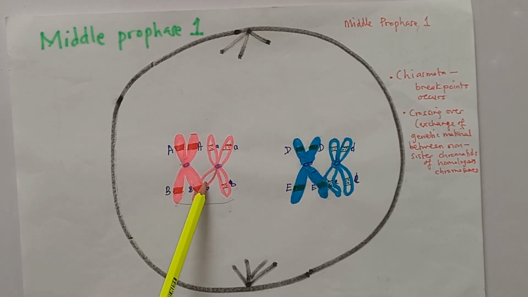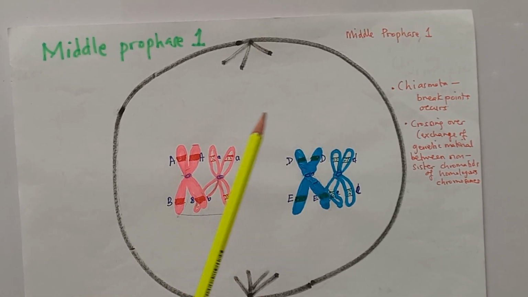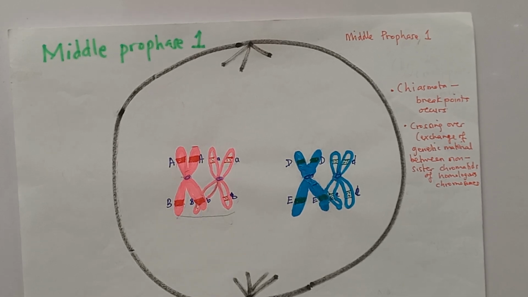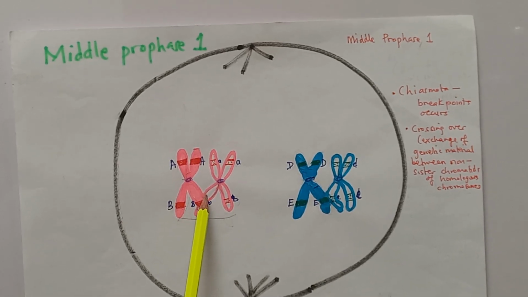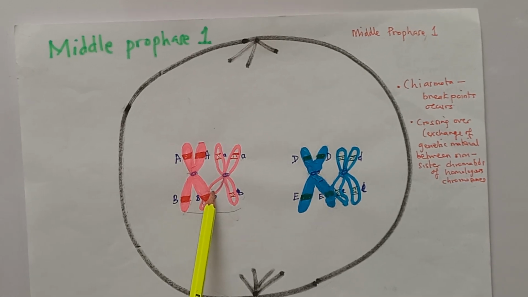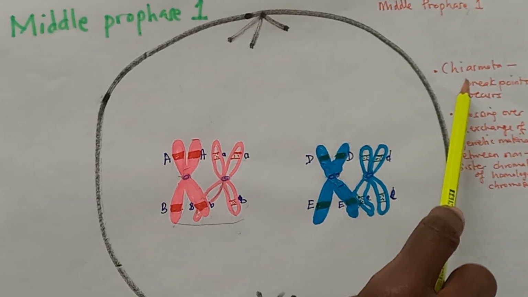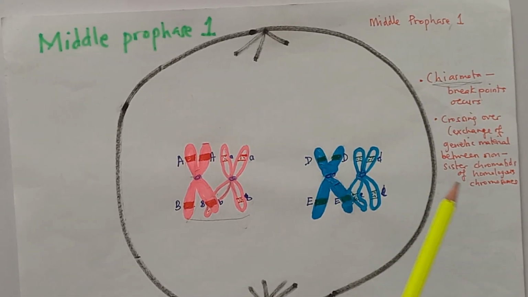So you see, where the crossing over is taking place, the chromatids try to come together but are still repelling. Yet there's a point where the chromatids join, and then there's a break there, and the exchange takes place. The places where there are break points are called chiasmata.